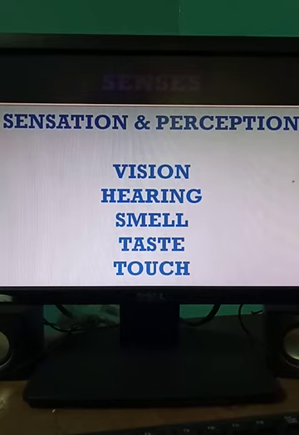And then the last one, touch. That's why a lot of toys have been developed and created by manufacturers, so that they can learn through touching soft or hard toys, and different textures.